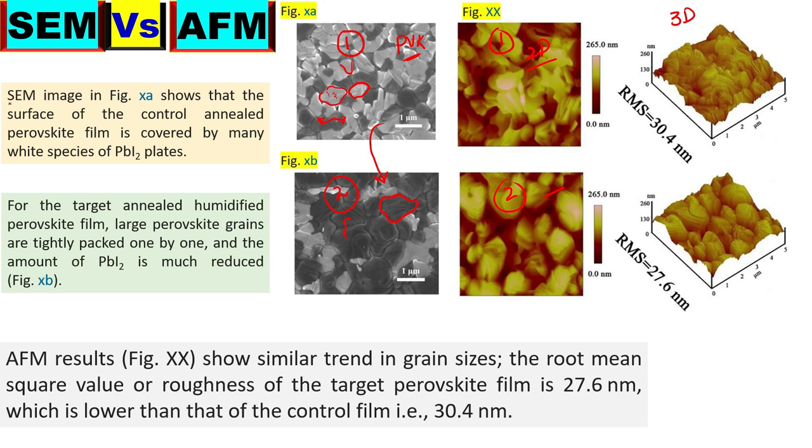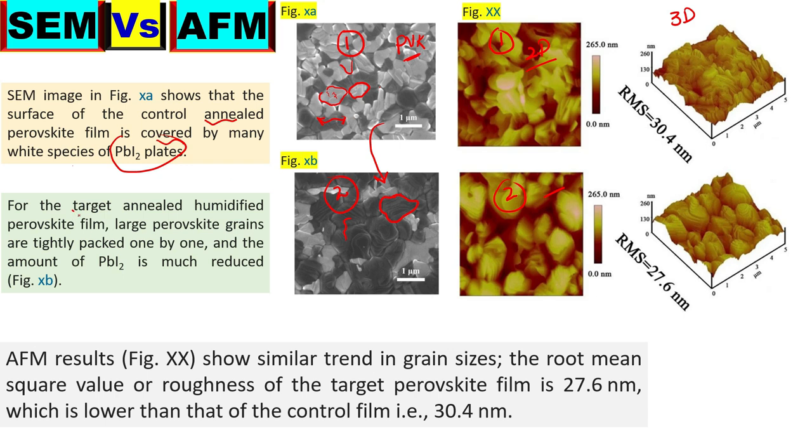So we can write here: the SEM image in figure XA, this may be 2A, whatever, shows that the surface of the control annealed perovskite film, annealed means heated, is covered by many white species of lead diiodide plates. You see here, they give the name plates here. This is basically the lead diiodide plates.